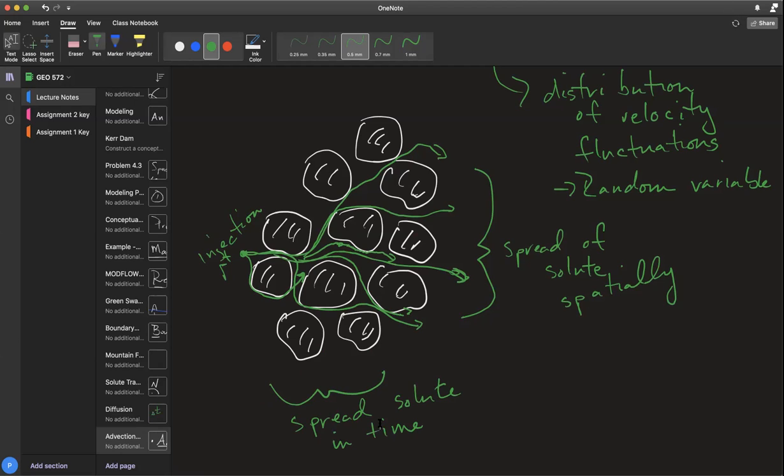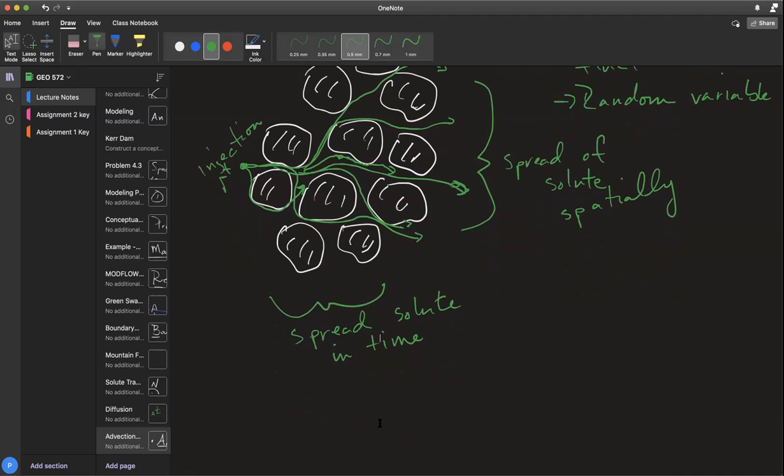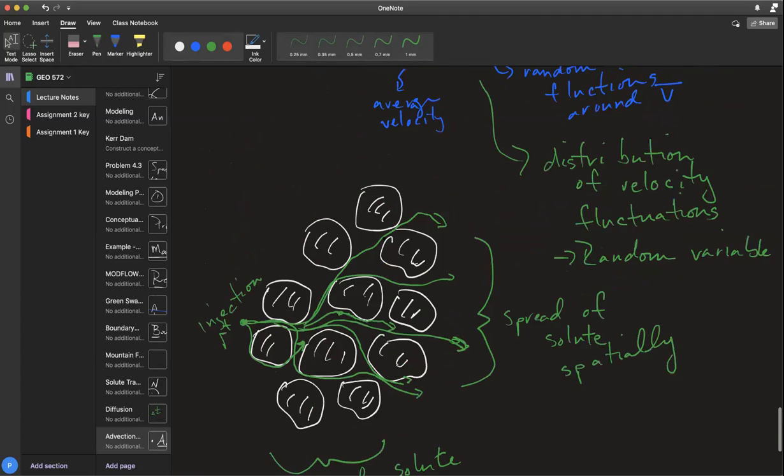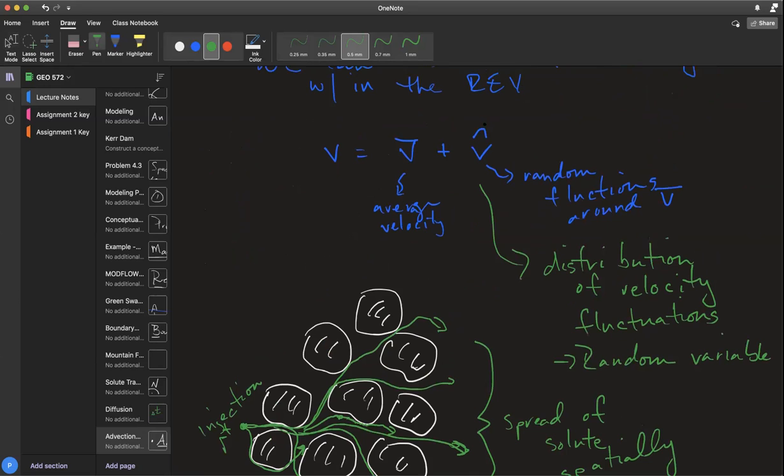So these random velocity fields spread our solute spatially, and they smear out the arrival time. They cause some of it to arrive quickly and some of it to arrive very slowly. So they spread it both in space and in time. And so this process of movement of fluid by random fluid velocity fluctuations around the mean, right?